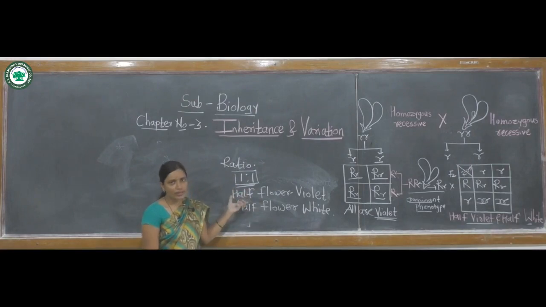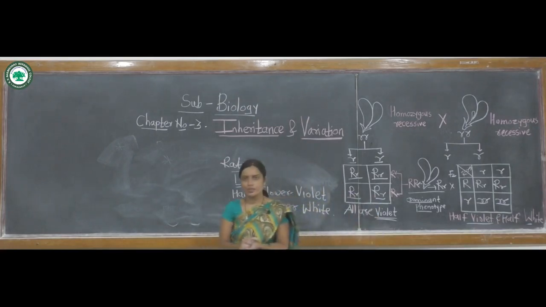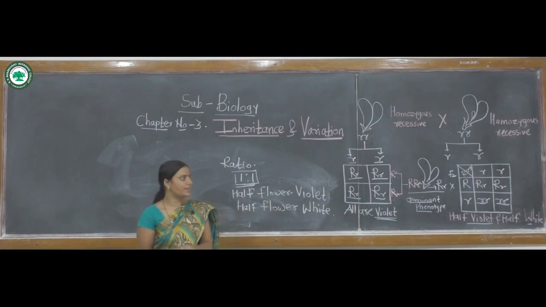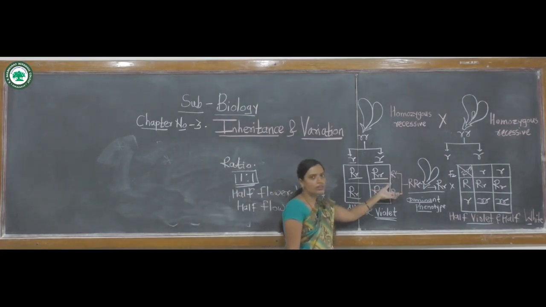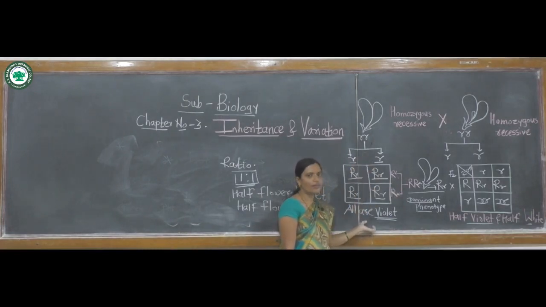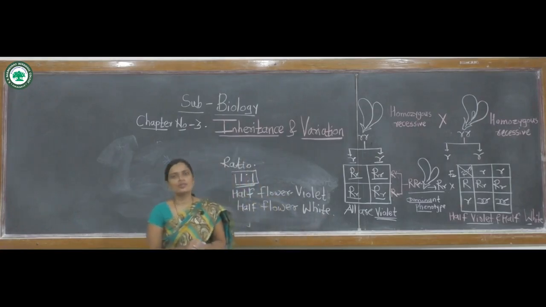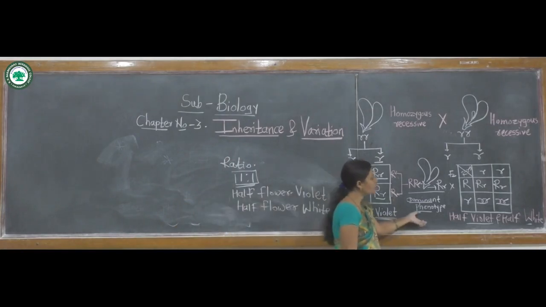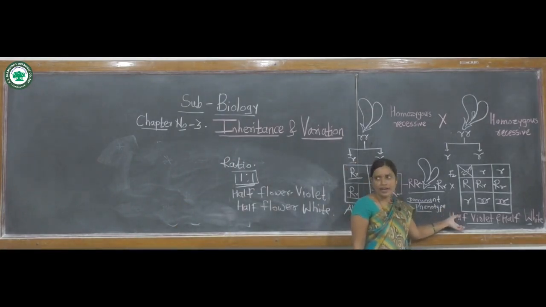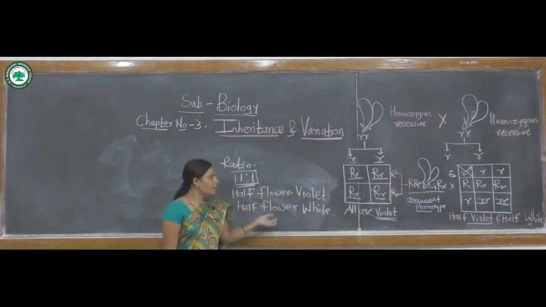The most important example is in pea plants: the violet flower is crossed with the white flower, and when the dominating F1 is crossed with the recessive, all offspring are violet, but when a heterozygous violet flower is crossed with the white flower, the offspring or progeny produced are half violet and half white color flowers.